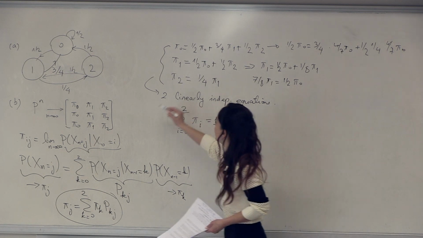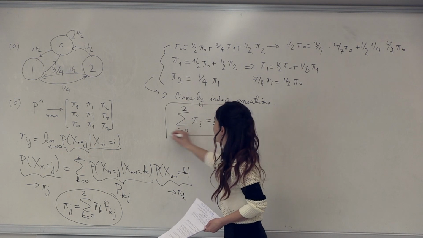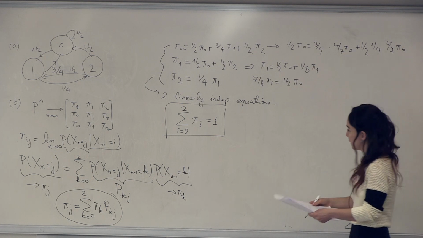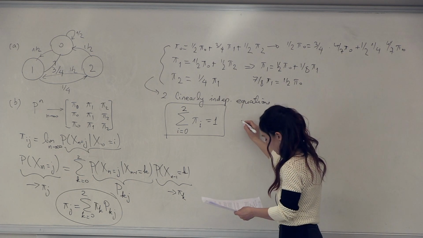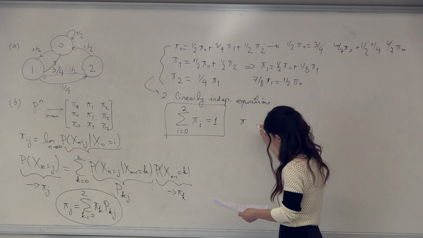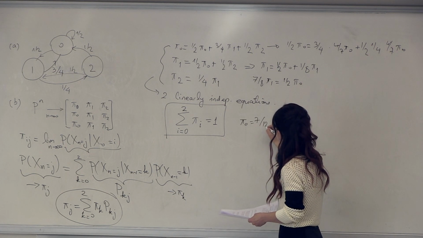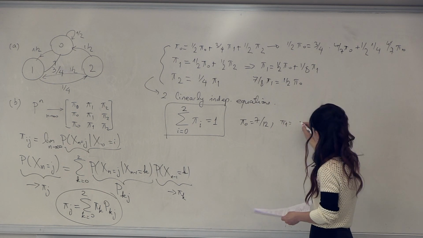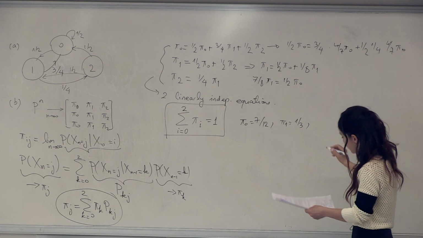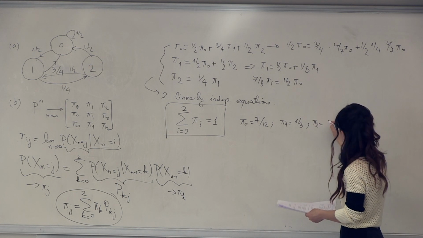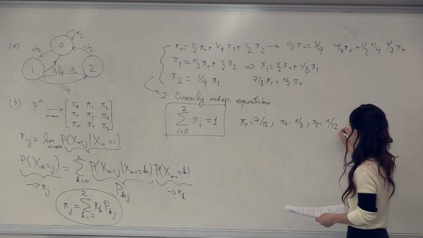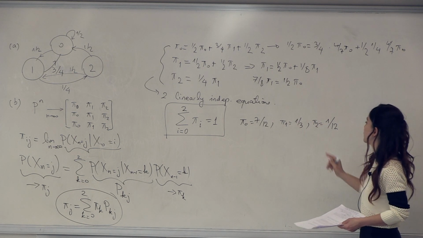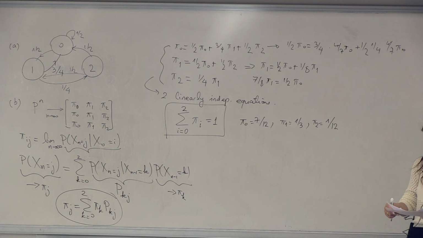If I combine these equations with the fact that these are probabilities that add to 1, then I can find the result: in this case, pi 0 is equal to 7 over 12, pi 1 is equal to 1/3, and pi 2 is equal to 1 over 12. Let's check. This is 8 over 12 plus 4 over 12, yes.